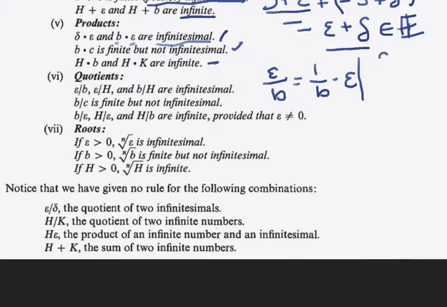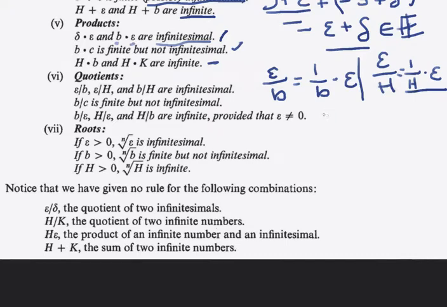Similarly, if I take an infinitesimal and divide it by an infinite number, this is the same as 1 over h times epsilon. Now, 1 over h, as we know from our reciprocals, is an infinitesimal. And epsilon is an infinitesimal. And so this whole product, by the product rule, is an infinitesimal.